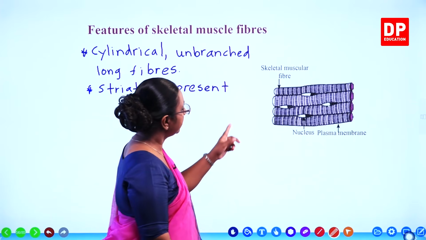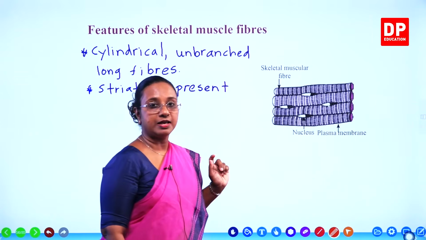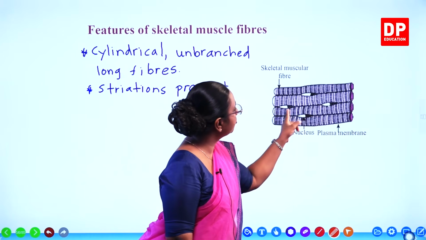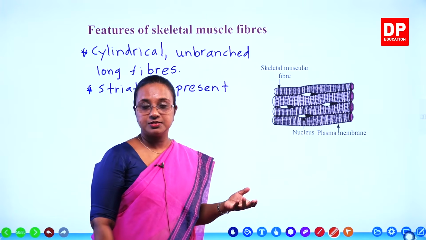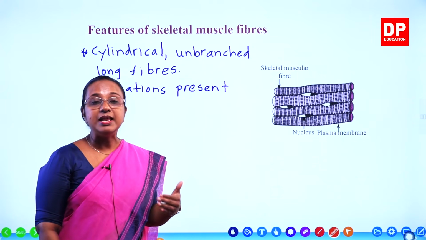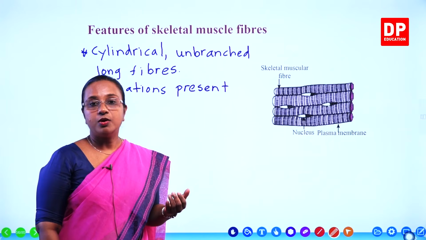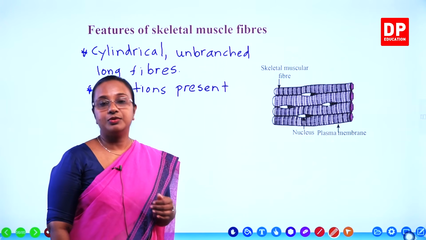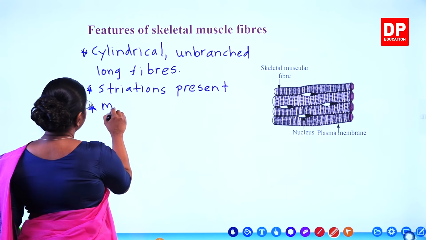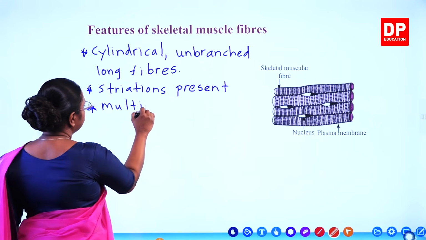Then you can see in each muscle fiber, if you look at the second muscle fiber, there are more than one nucleus. So this muscle fiber contains many nuclei, or we call it multinucleate.